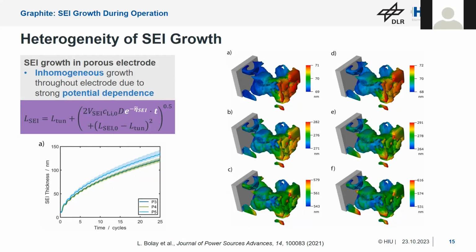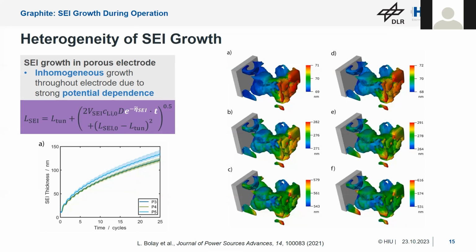And before this work, it was really unclear, I would say, why there is heterogeneous SEI growth, because most models looked at this square root of time, and this leads more or less to a homogenization.